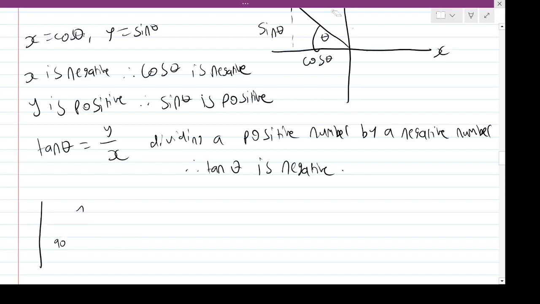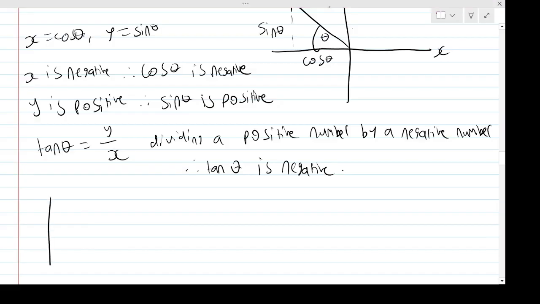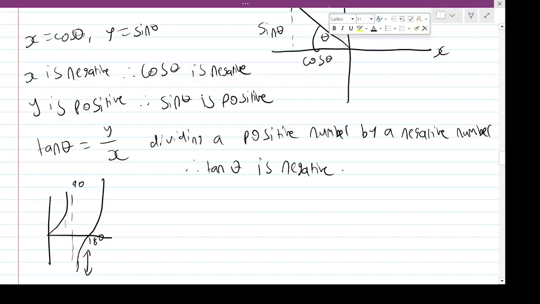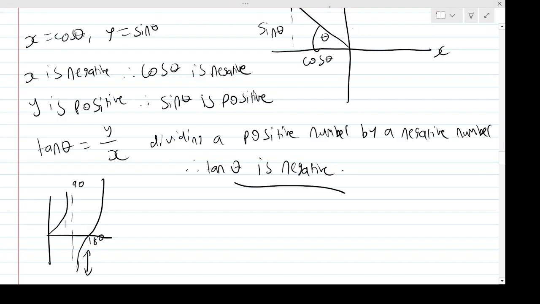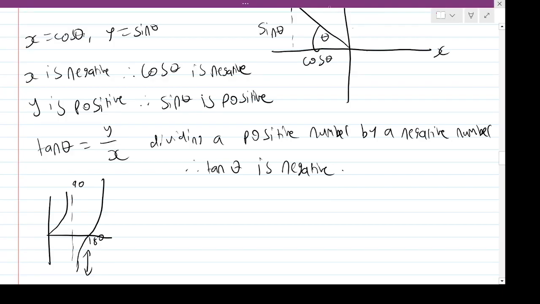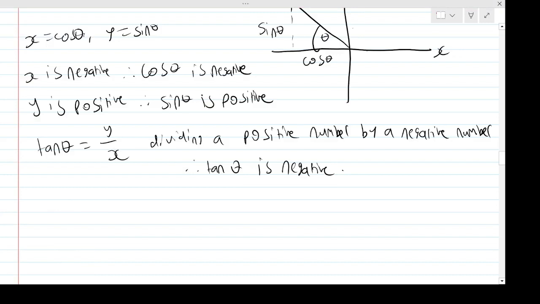And then lastly for tan, if we draw the tan graph, there we are. Well, 90 is the asymptote, and 180 is where it returns back to 0. So it's going to be down here, between 90 and 180, on the negative y-axis, so the tan is negative. So we can prove all our results by considering the graphs as well.